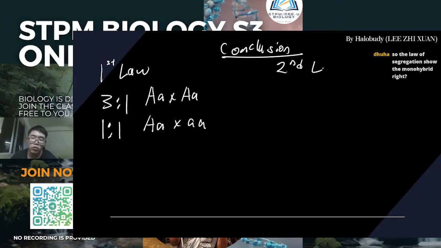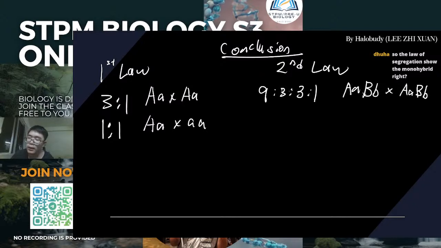Second law, you will also get two ratios. The most famous ratio is 9331. This is when you do the self cross, the hybrid self cross. Another one you will get is 1111, when you do the test cross.